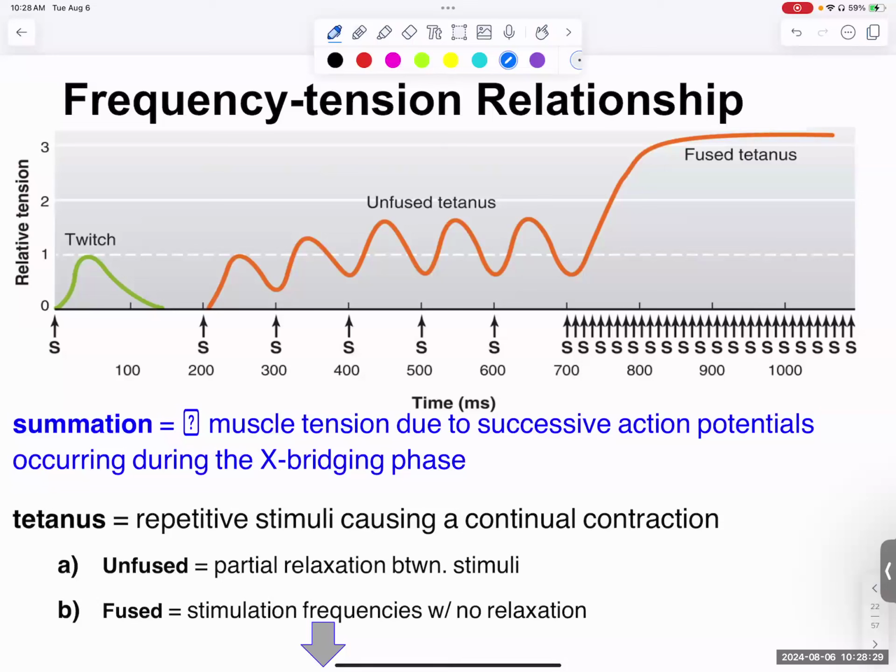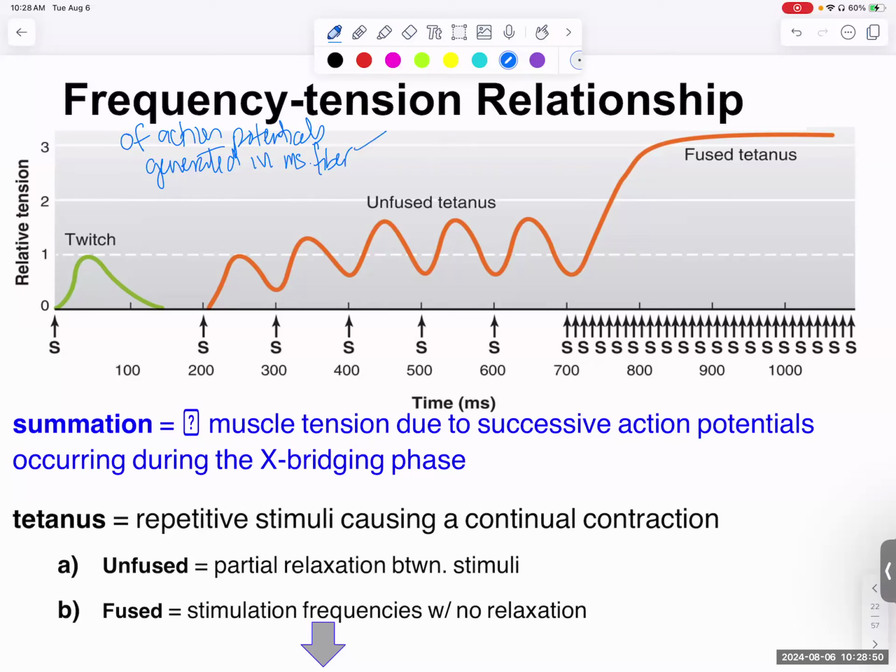And so this frequency tension relationship, that is to say the frequency of action potentials generated in the muscle fiber, well, that's due to the number of action potentials coming from the motor neuron, right?